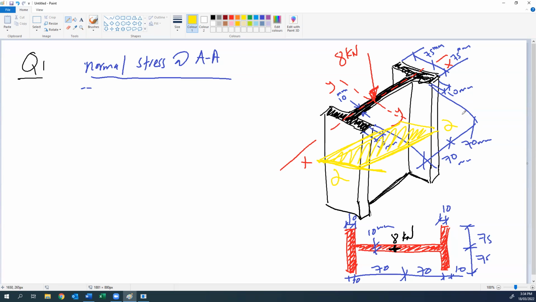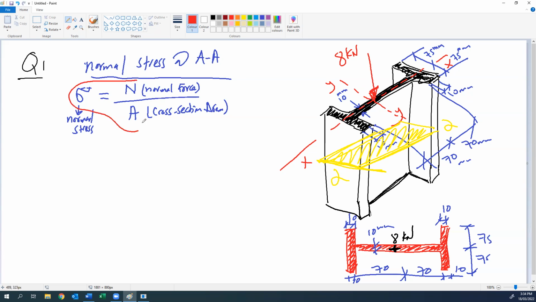What is the normal stress? Normal stress sigma is equal to the normal force N divided by the area, which is the cross section area. So we have our equation sigma equal to N by A, where N is the normal force, A is the cross section area.